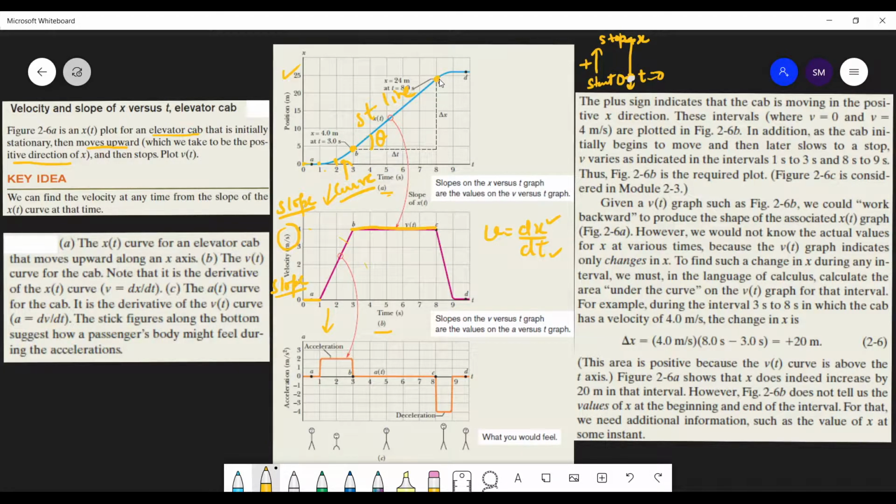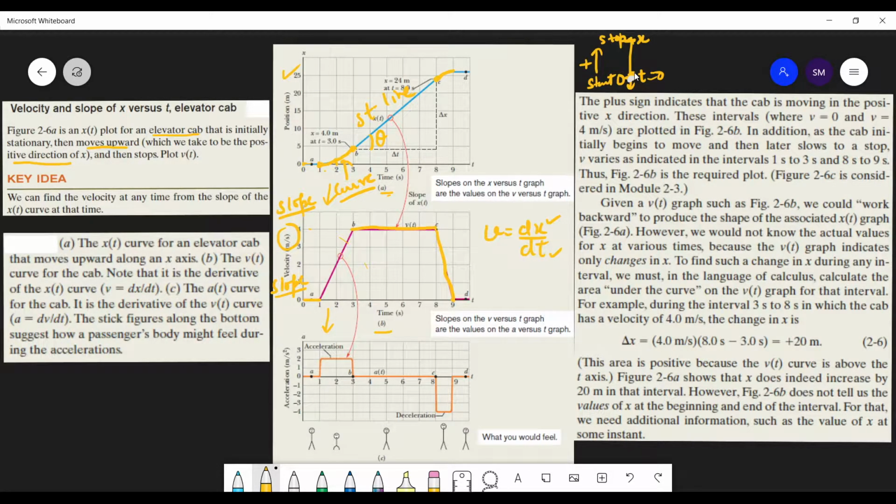Now here again, the slope started decreasing within 1 second. Initially it took 2 seconds, but here it took only 1 second. So within 1 second the lift brakes were applied. So 2 seconds for the start so that you don't get a jerk.